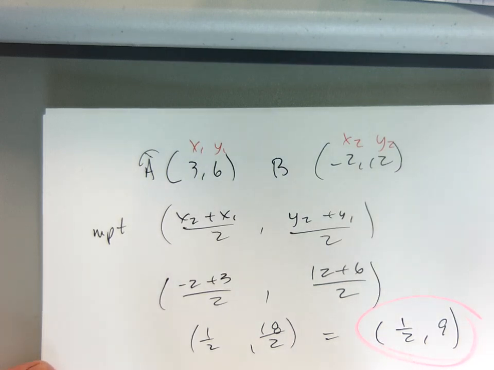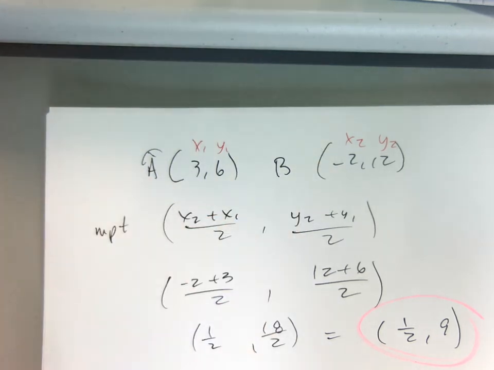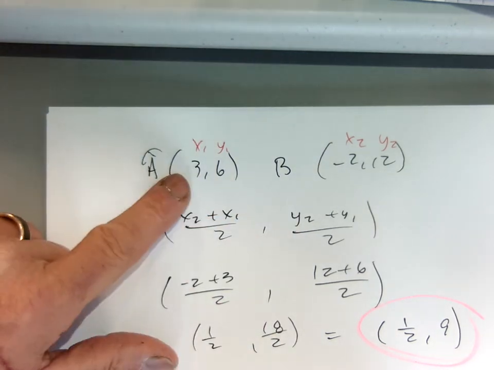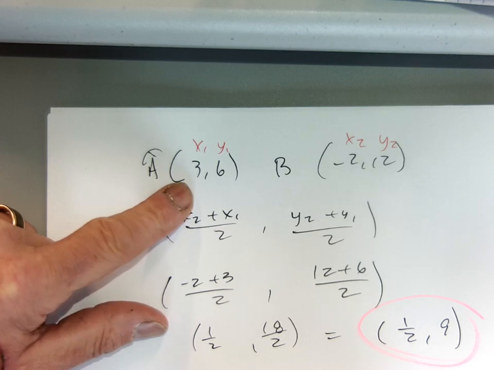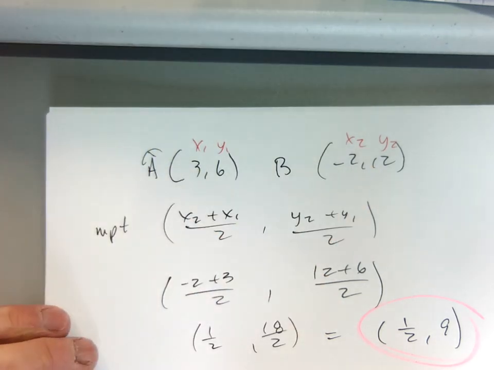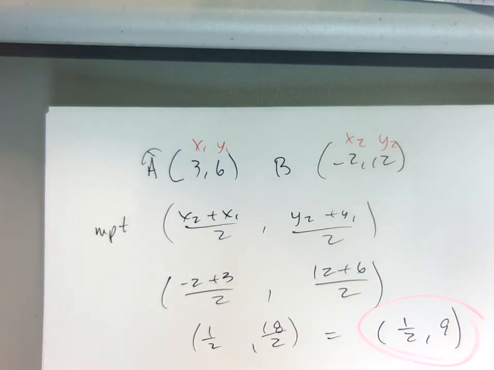The distance is going to be the big square root of x2 minus x1 squared plus y2 minus y1 squared. So in this case, same points, right? We'll go negative 2 minus 3 squared plus 12 minus 6 squared. Again, you could graph it and use Pythagoras' theorem, but I'm just going to use the formula.